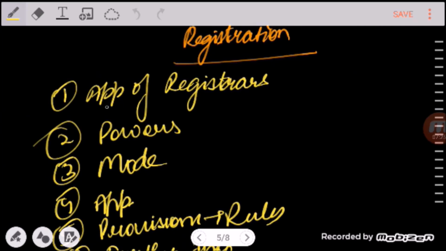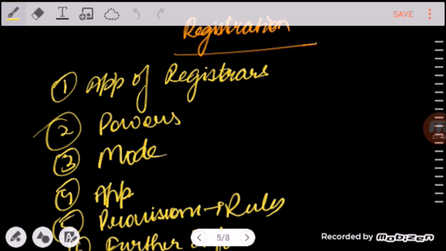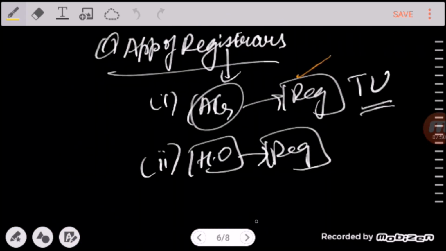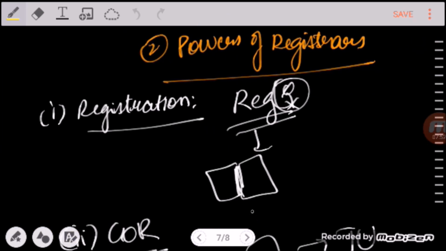We have discussed the appointment of registrars: the registrar means the registrar appointed by the appropriate government, and the government may appoint as many registrars as it thinks fit. Then we discussed the powers of registrars, around 5 to 6 powers.